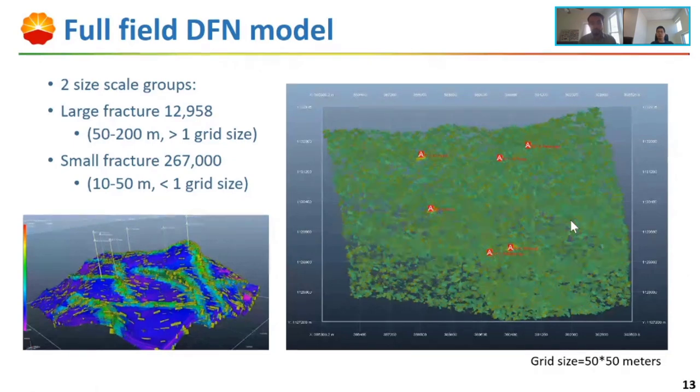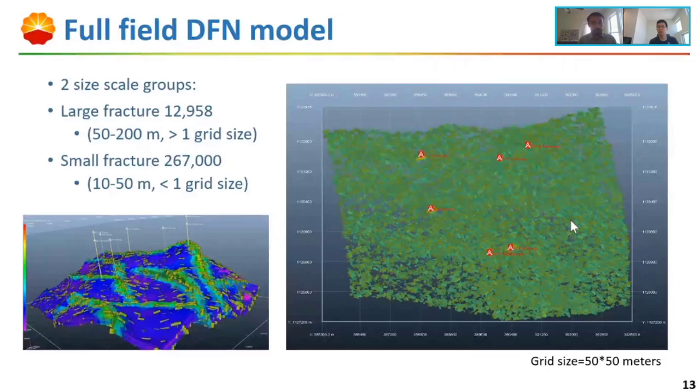FracaFlow, the software used in this study by Beicip-Franlab, is capable of generating features of all scales and can really ensure that whatever you have in your conceptual model, you can generate in the numerical model.